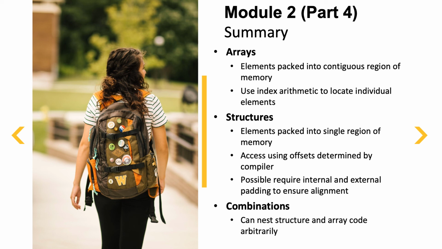And keep in mind, we can do these things in combination. We can nest structures, we can nest arrays arbitrarily, because when all is said and done, in machine code, we're just looking at memory as this one long one-dimensional array that we're just dropping things into in particular orders that allow us to visualize things and use multiple dimensions in those higher level languages.